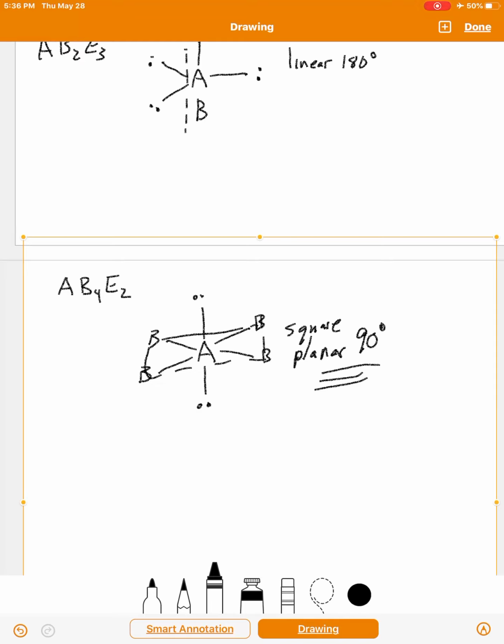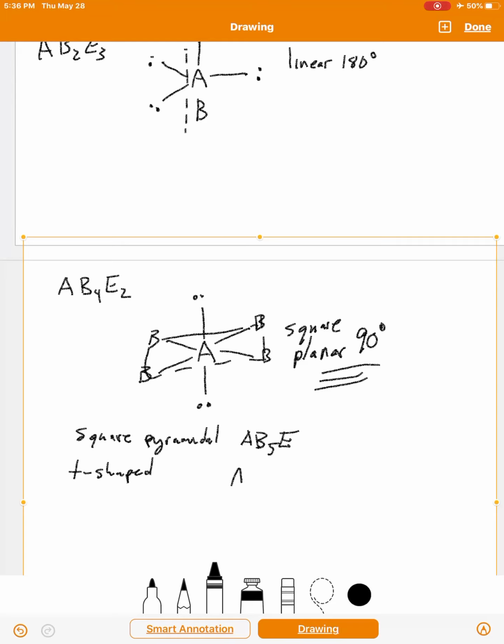There are a couple of others. There's what's called the square pyramidal. That would be AB5E, one lone pair but 5 surrounding atoms. There's another one called the T-shape. That one's kind of cool.